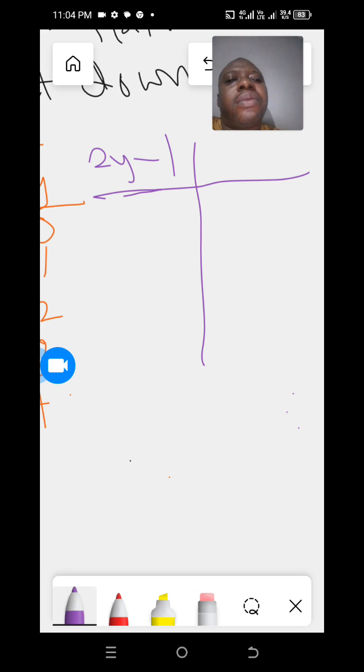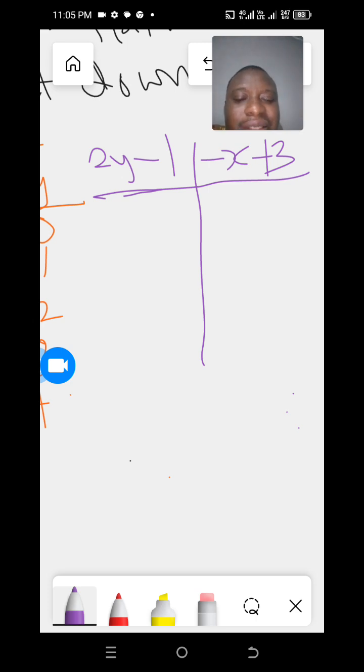For the x, we have the translation movement forward and the reflection across the y-axis, so it will be negative of x, plus 3. Negative of x plus 3. Those are the mapping rules for that table.